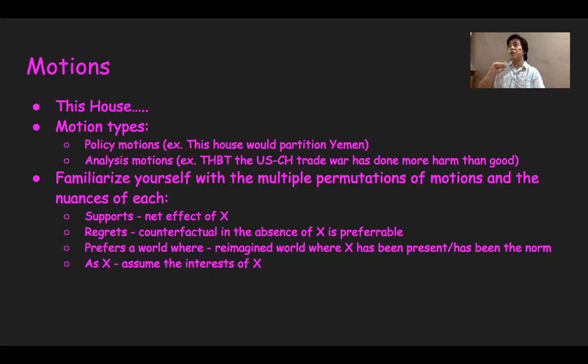A lot of the analysis that one would run when debating the usage of outrage in political discourse may not be accessible or may not apply to the same degree if it is worded as "this house prefers a world where."